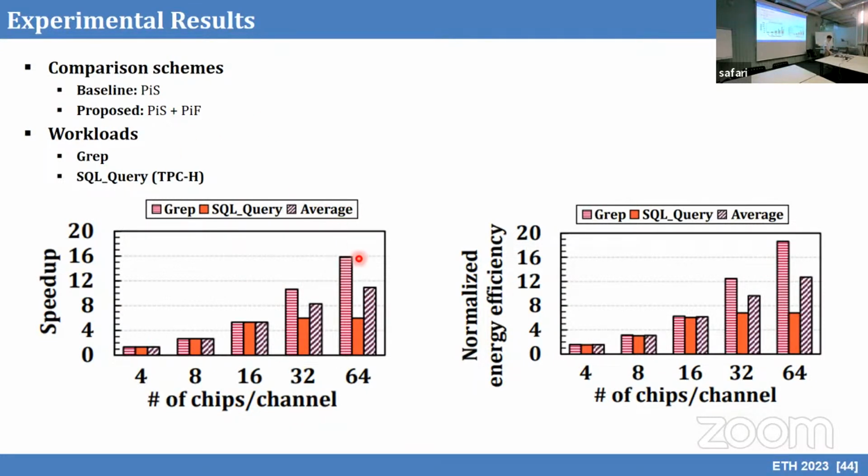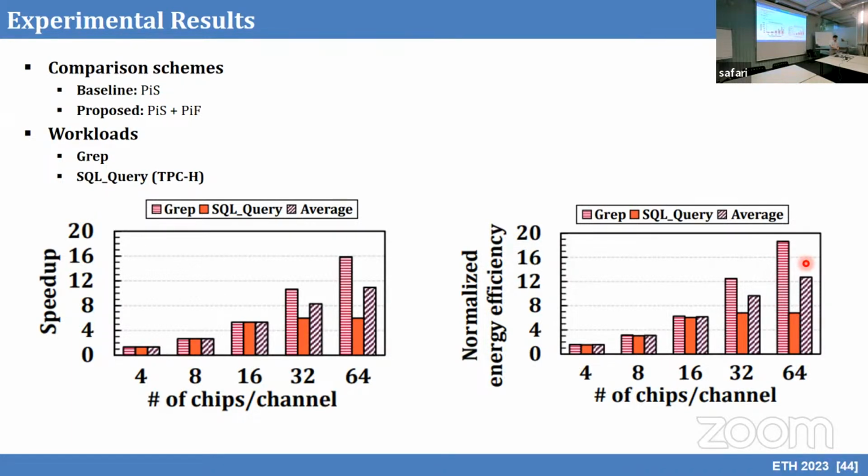Also in terms of power, I mentioned there's a problem, but in terms of energy consumption, because computation is done much more efficiently without moving unnecessary data out of the flash chip to the SSD controller and SSD accelerator, energy efficiency is also improved almost 10 times. I think it has strong potential, but with current technology, putting a very strong computing engine into a flash chip doesn't make sense.